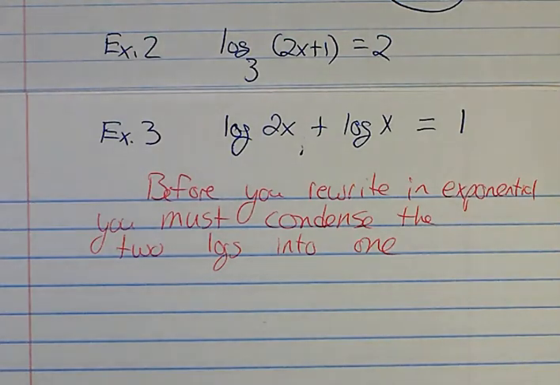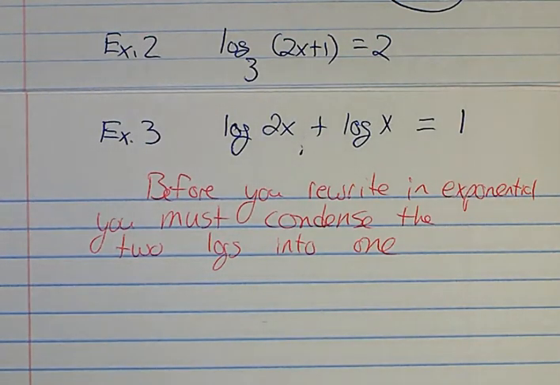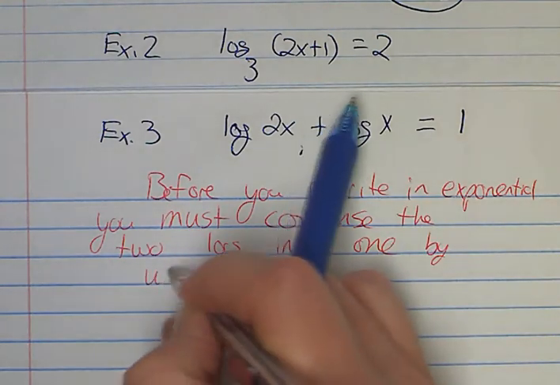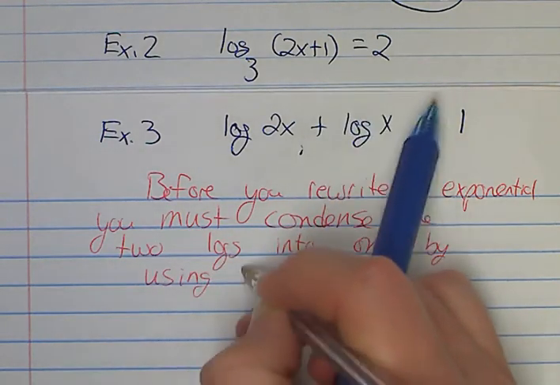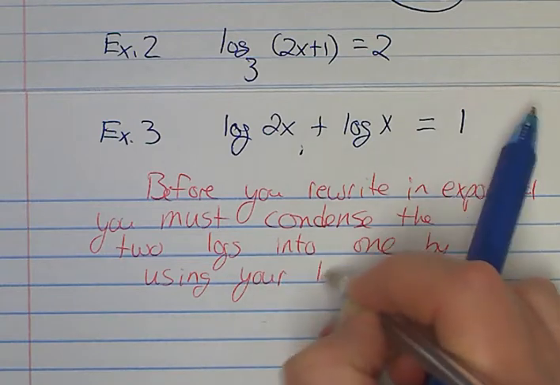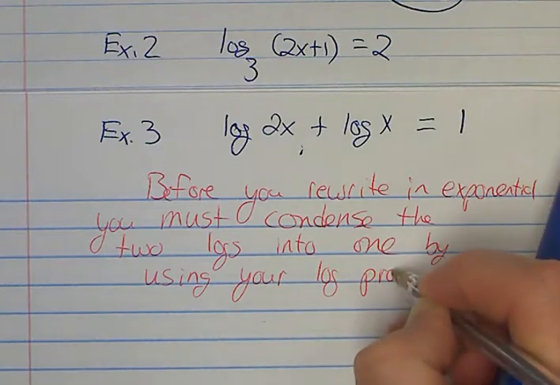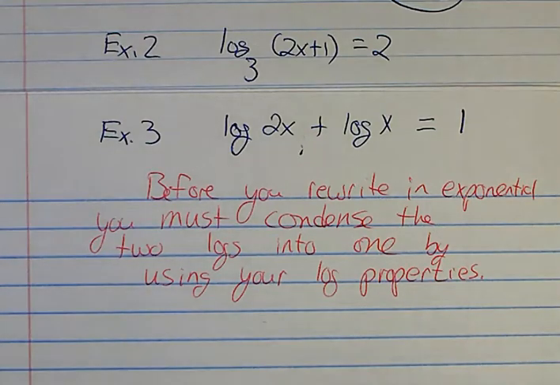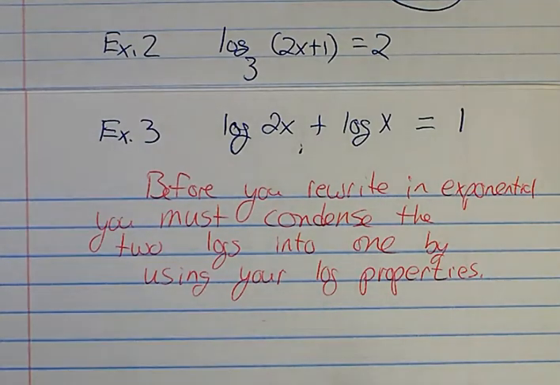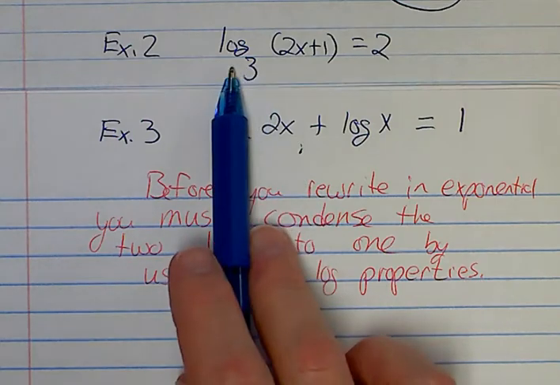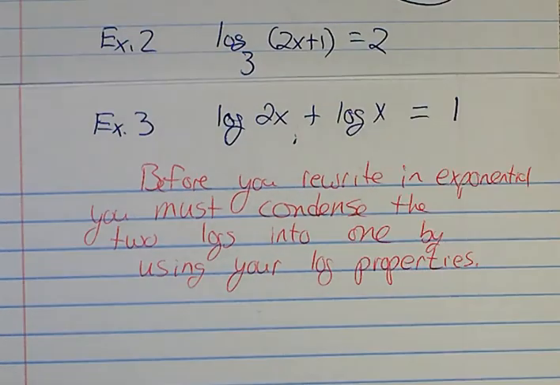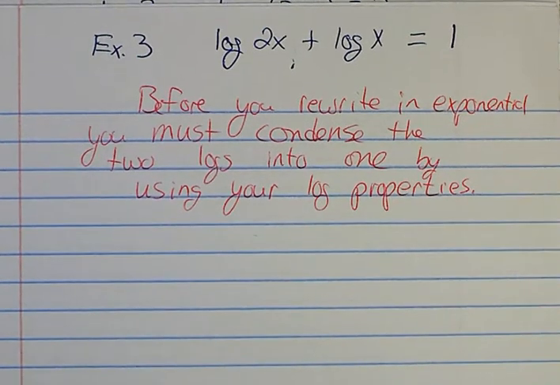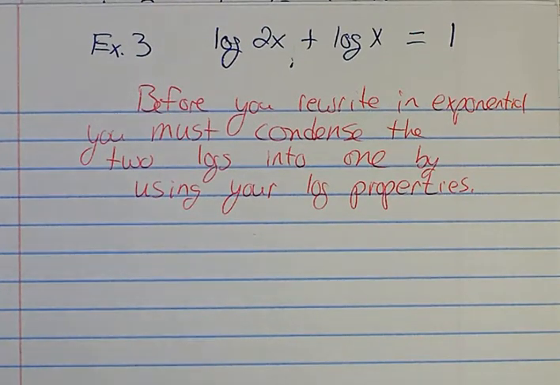And to do that, that's where you're going to have to use your log properties. And again, that's the properties we looked at yesterday. And there were only 3, so there's not that many options you've got to worry about. But we're going to take these two logs and get it back so it's just one log equation to make this thing work out.